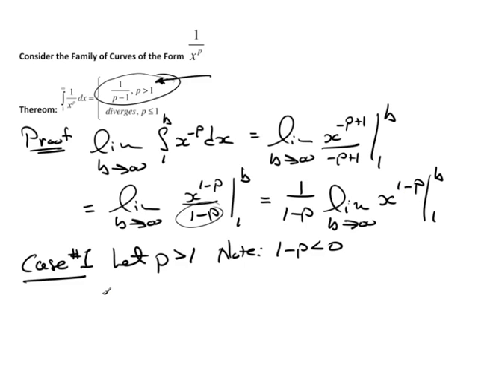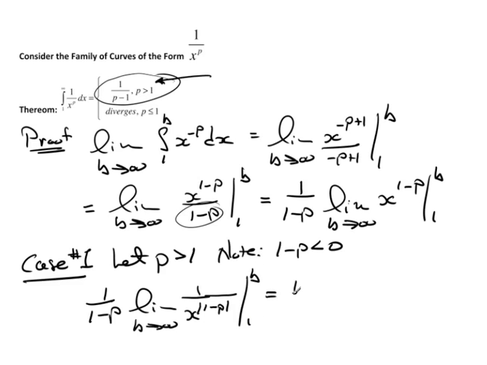So I can rewrite this as 1 over 1 minus p times the limit as b goes to infinity of 1 over x raised to the absolute value of 1 minus p, and I'm going to evaluate this from 1 to b. So that's going to be 1 over 1 minus p times the limit as b goes to infinity of 1 over b raised to the absolute value of 1 minus p, minus, at x equals 1, 1 over 1 raised to the absolute value of 1 minus p.